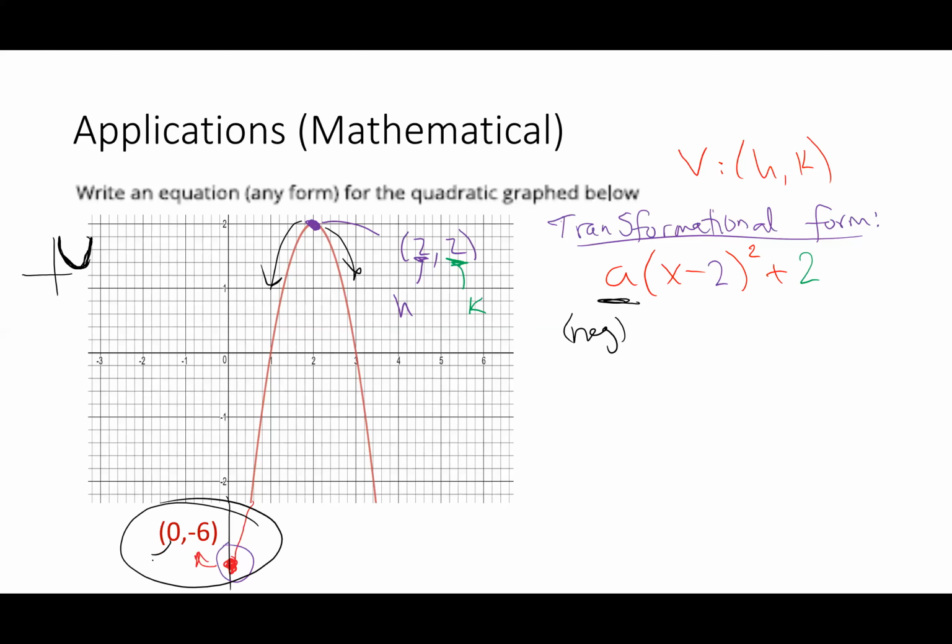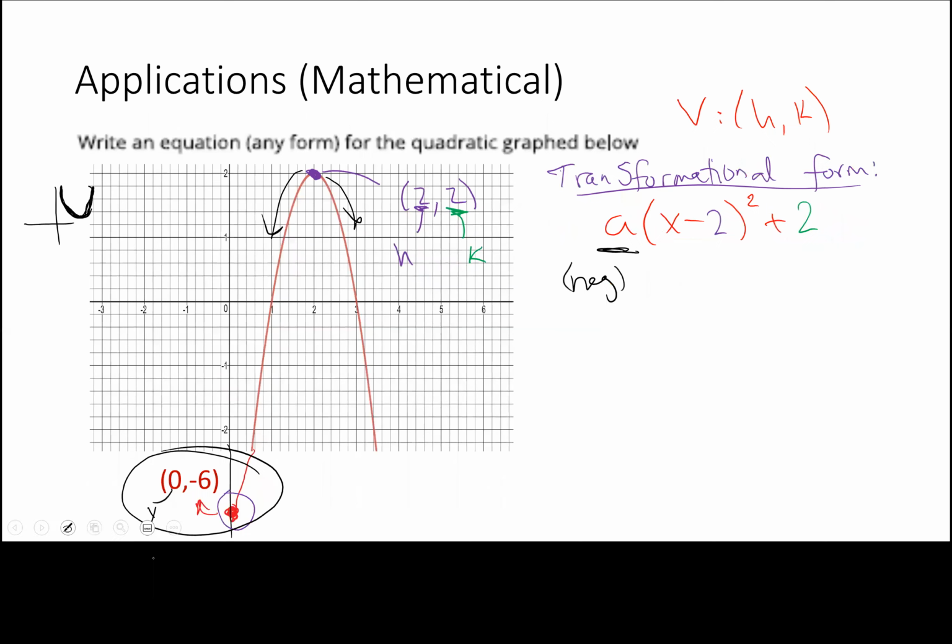So my x value is 0, and my y value is -6. So now, remember this is y equals.